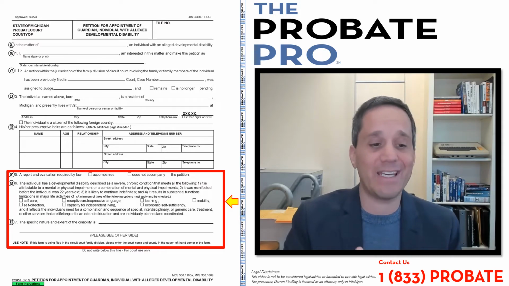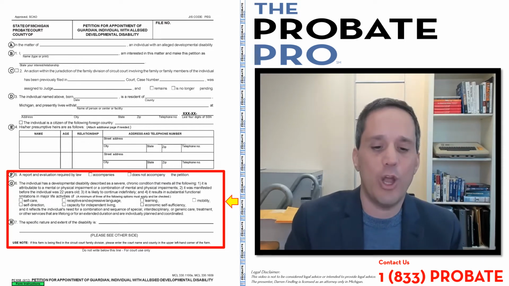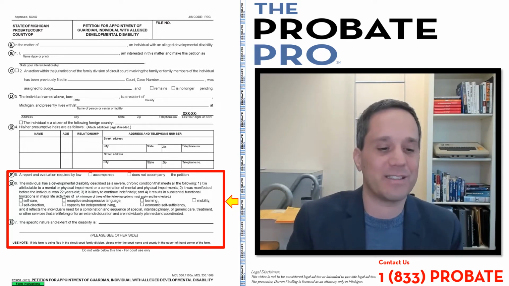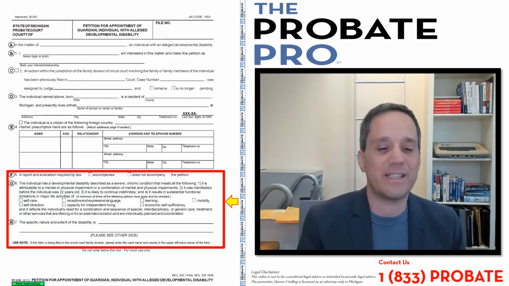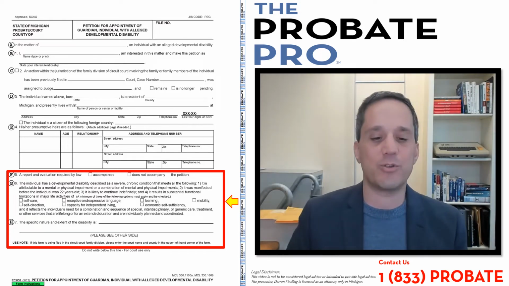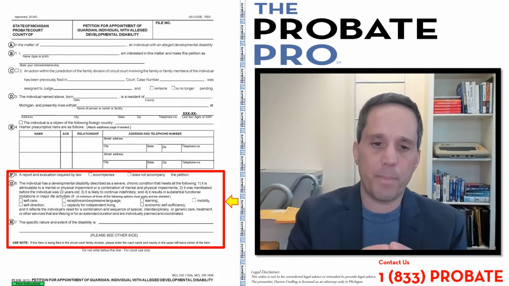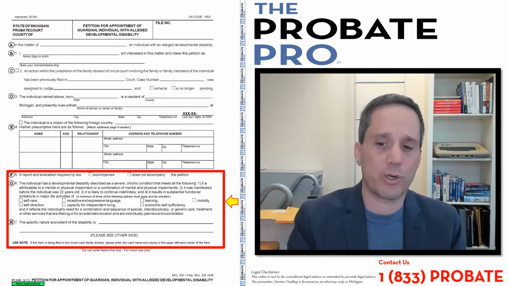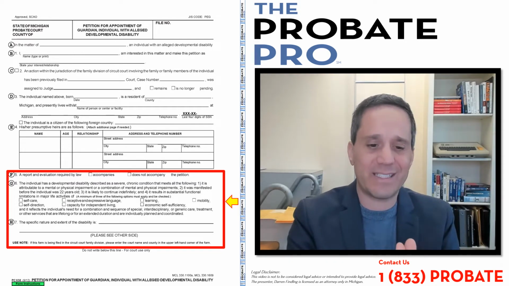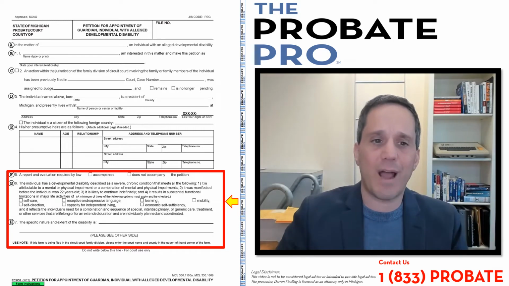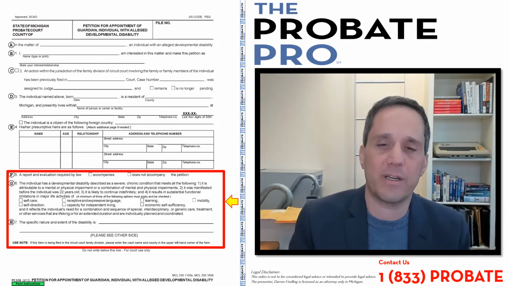It requires and it reflects the individual's need for a combination and sequence of special interdisciplinary or generic care, treatment, or other services that are lifelong or for an extended duration and are individually planned and coordinated. So again, this is not a short-term process. This is an indefinite process relating to the disability for a developmentally disabled individual.